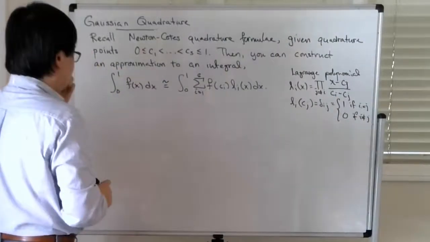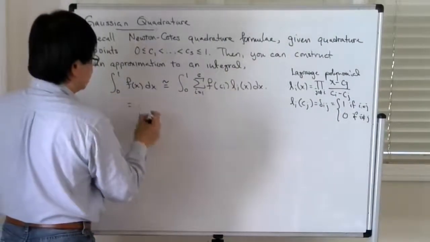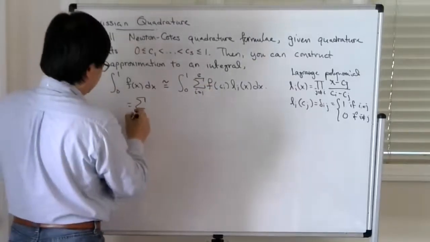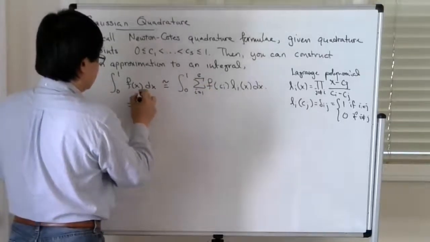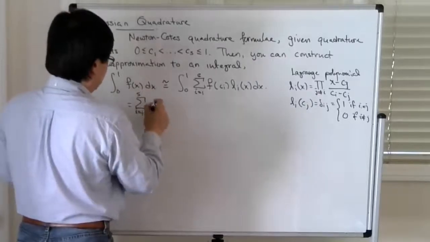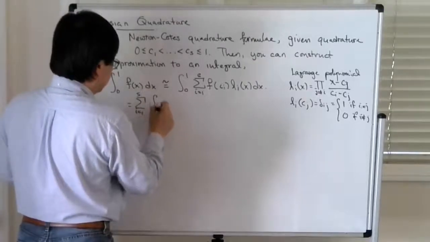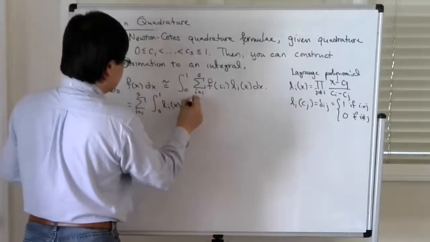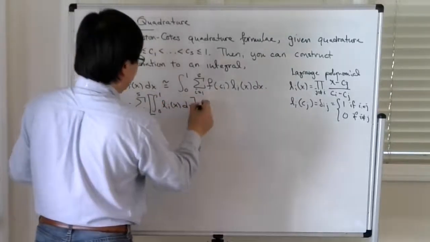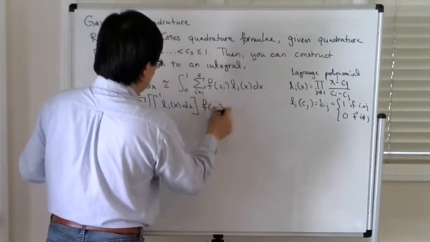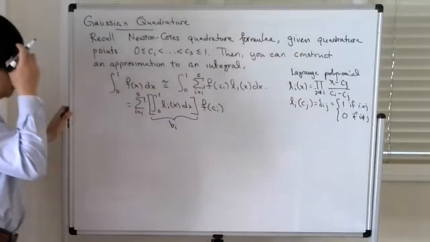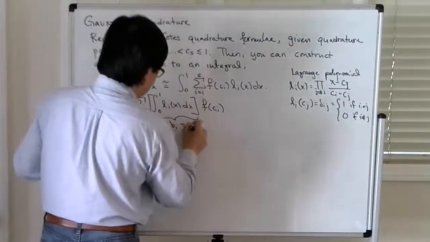So by reordering the sum and the integral, that becomes the sum from i equals 1 to s of the integral from 0 to 1 of Li of x dx, multiplied into f at ci, and we call these things bi, which are the quadrature weights.